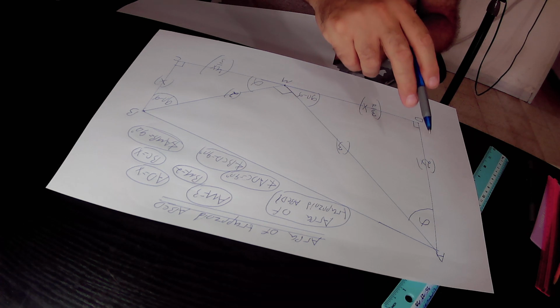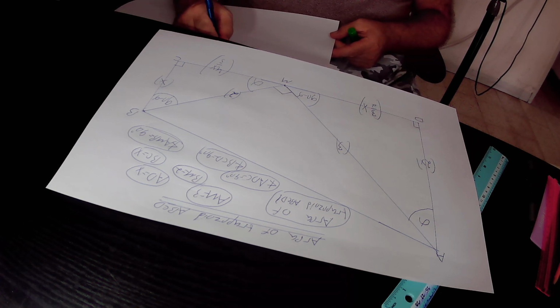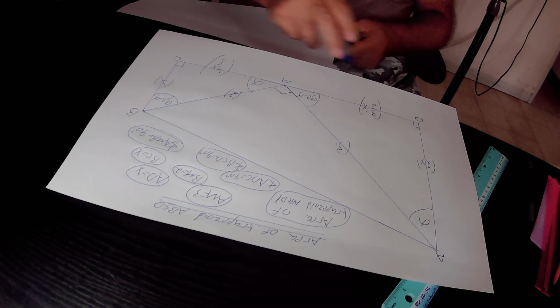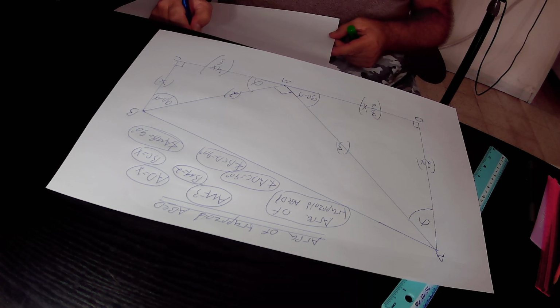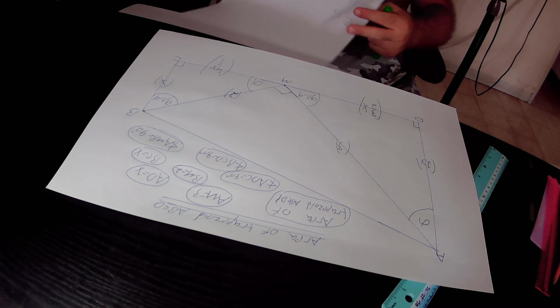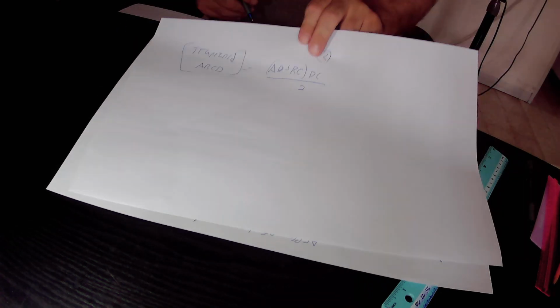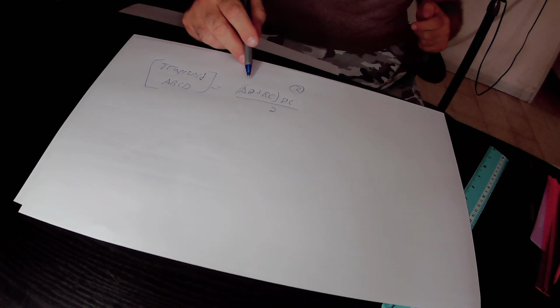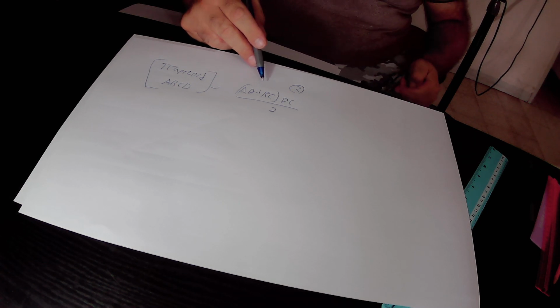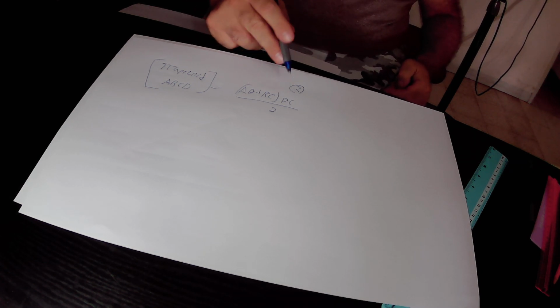The sum of those two parallel bases is AD plus BC, times the height, that is DC, over 2. Again, the area of trapezoid ABCD equals the sum of its two parallel bases, AD plus BC, times the height DC, over 2.